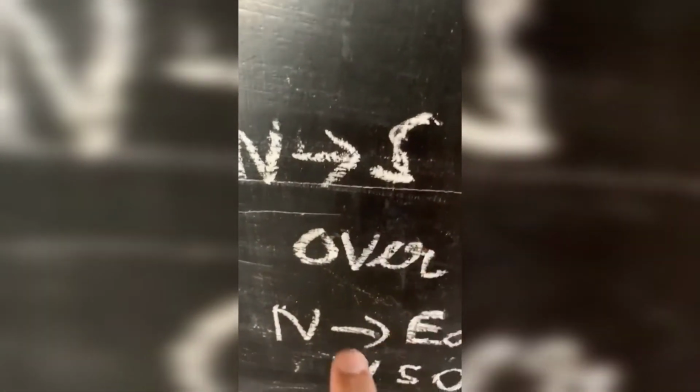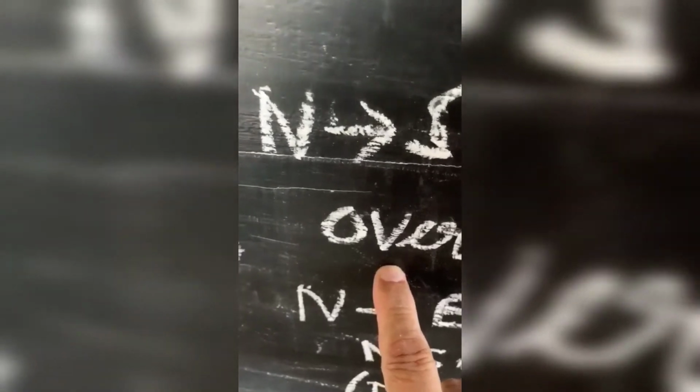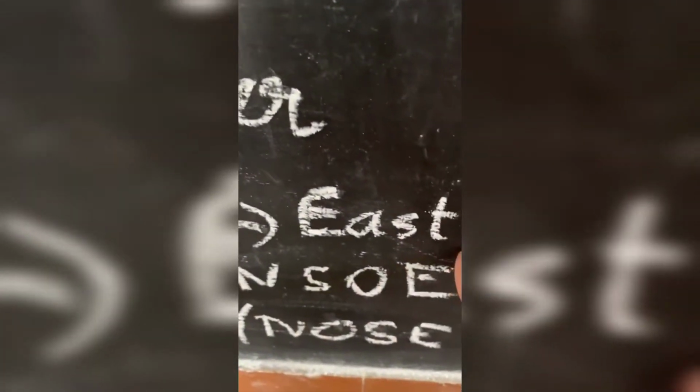Left hand moves towards east. This is the next condition. So what is the meaning? When current is from north to south, wire over the needle, deflection of north pole is towards east.